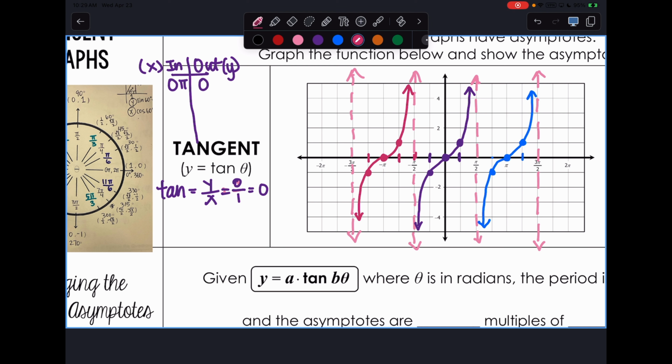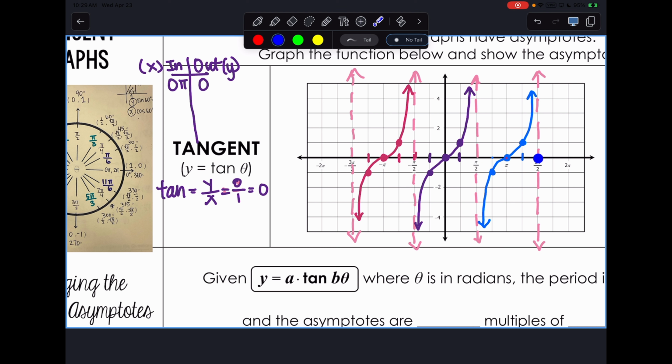So where would the midpoint be if I were to graph another asymptote? Let me show you. From the center here, this is 1 period. So that's 1, 2, 3, 4 units for every asymptote.